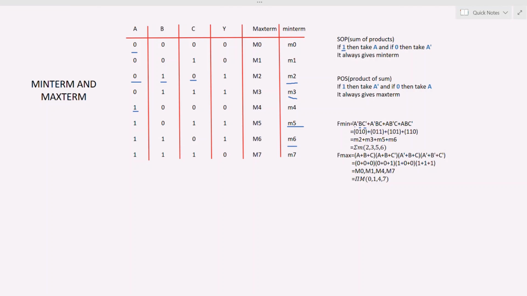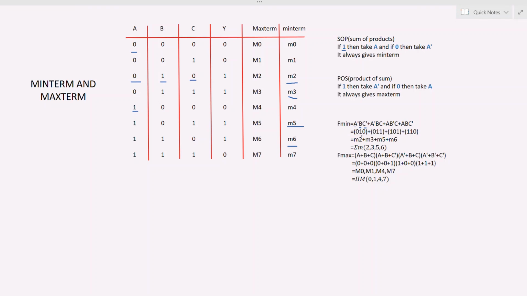We know that if the SOP form is given and A is given, then we take it as 1, and A complement, then 0. So here it is A complement, so take 0. B is 1, C complement is 0. A complement is 0, B is 1, C is 1. A is 1, B complement is 0, C is 1. A is 1, B is 1, C complement is 0.